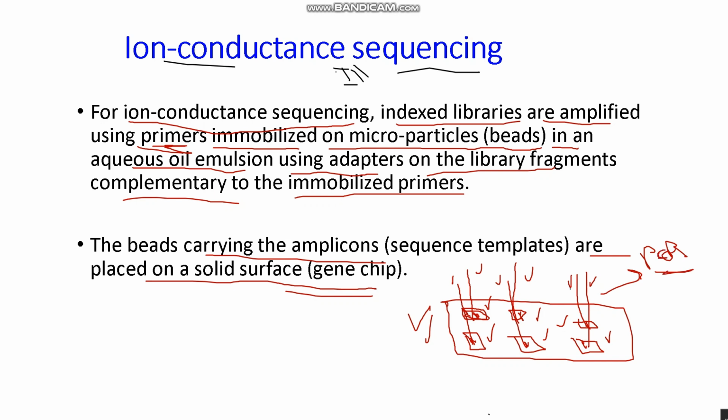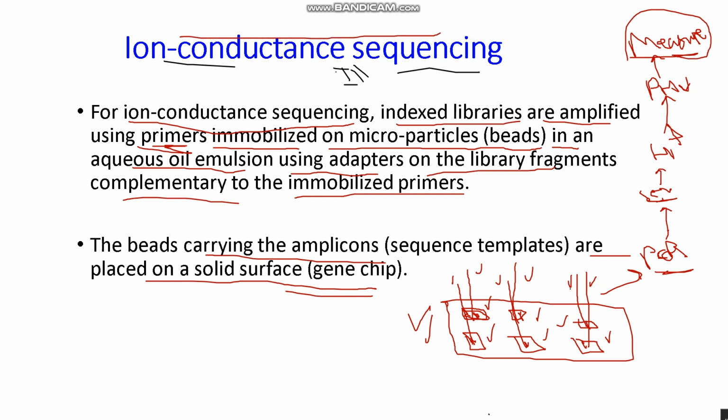After amplification, sequencing occurs. When nucleotides are attached to each other, the hydrogen ion is released and pH is reduced. When pH is reduced, we measure the pH. This is the principle of ion conductance sequencing.